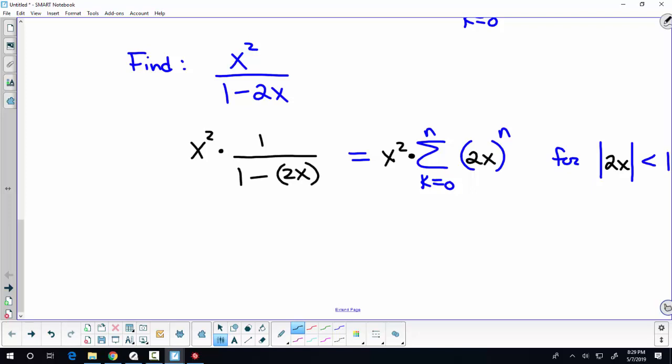And x to the n times x squared is x to the n plus 2, so we would have powers 2, 3, 4. So really the only thing we need to ensure here is that the absolute value of 2x is less than 1, and that would give us our interval of convergence.